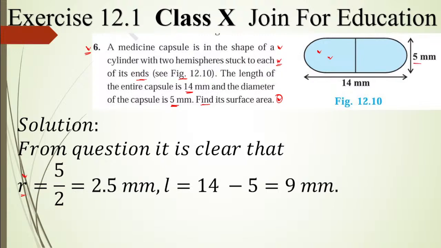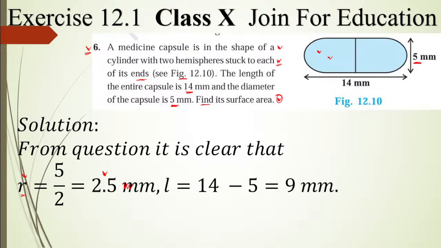So 5 is the diameter. So we know that radius equal to diameter by 2. So I have written here 5 by 2 equal to 2.5. Hope that there is no problem to understand up to this step.